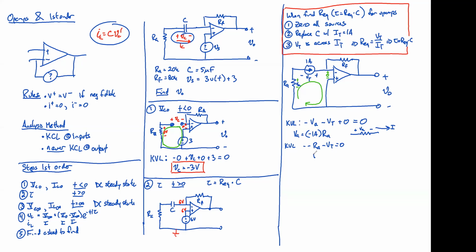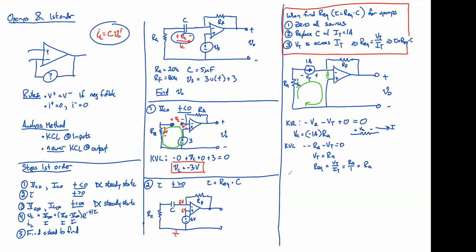That means our VT has got to be equal to our RA. Now that we found our V test, we can say our REQ has got to be equal to V test over I test, which is RA over 1, which equals RA.